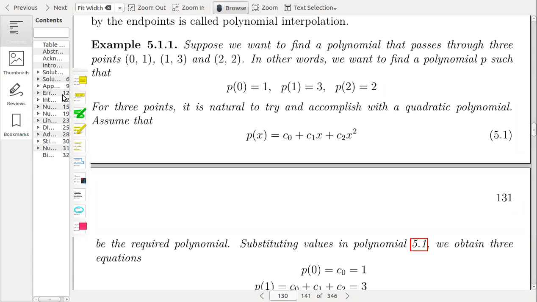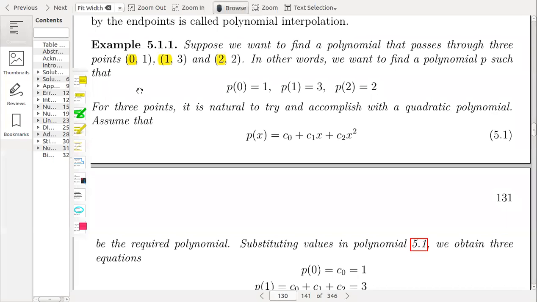In these ordered pairs, the first point represents the domain. So 0 is a point of the domain, 1 is a point of the domain, and 2 is a point of the domain, which we also consider as the inputs.